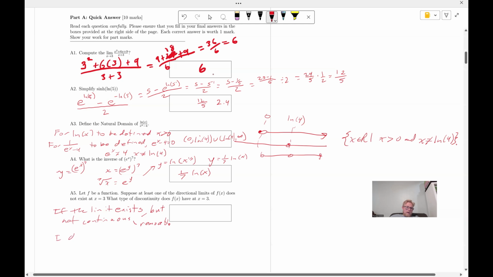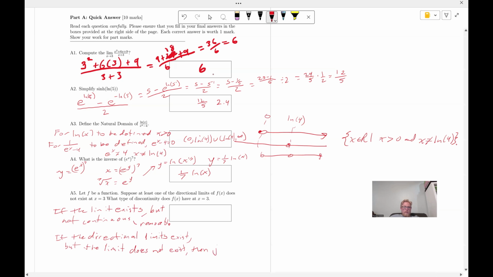If the directional limits exist, but the limit does not exist, then jump.